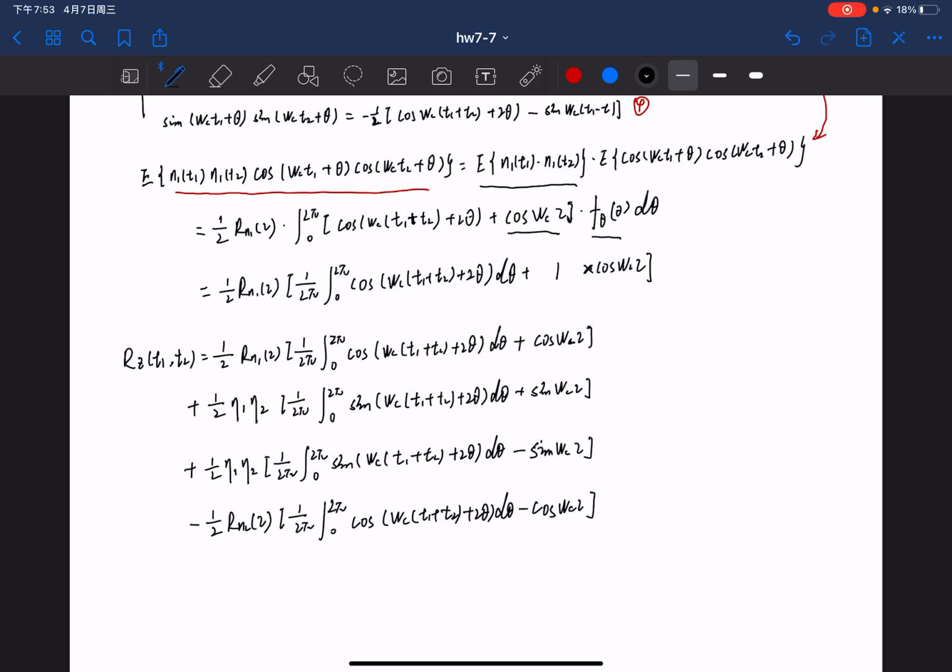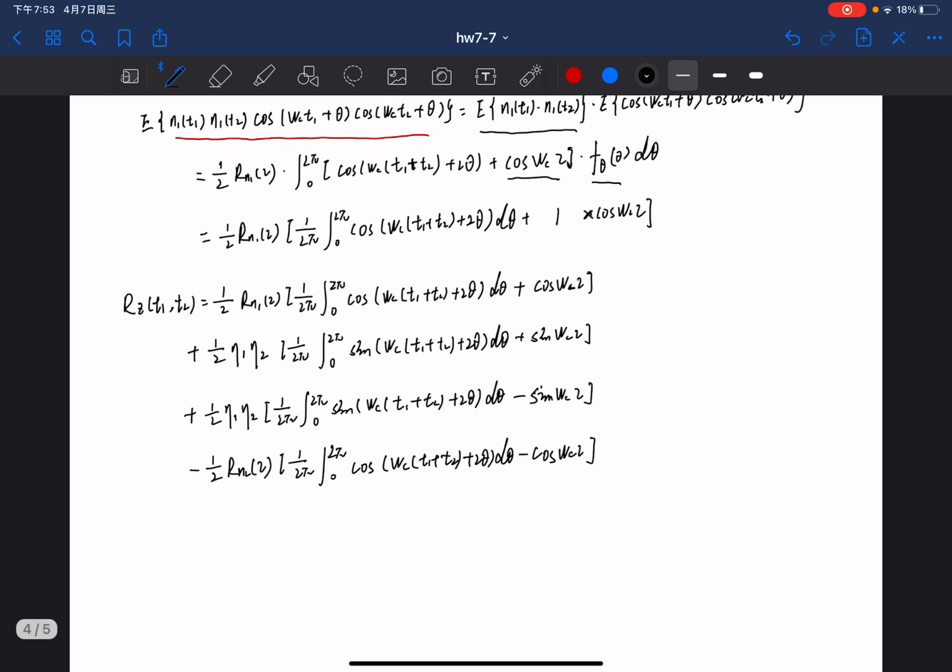And when we expand the whole expression, we can find these four parts, and the sum of these four parts is equal to 1 divided by 2 (R_n1(tau) plus R_n2(tau)) and cosine omega_c tau.